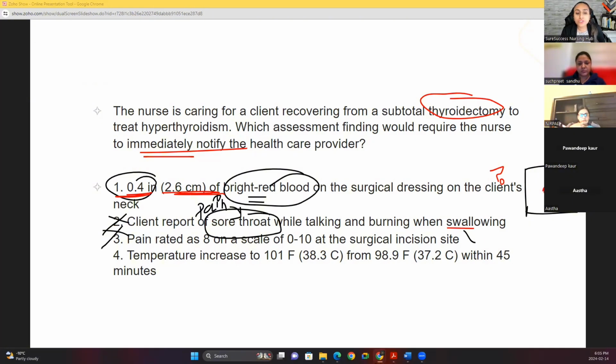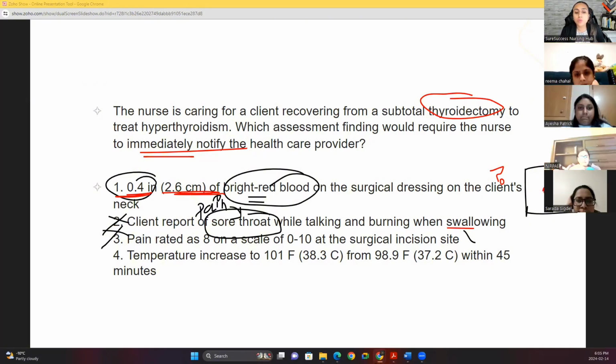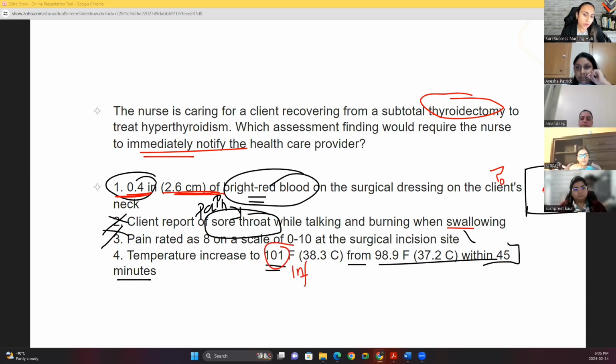Now the temperature is increased to 101 from 98 within 45 minutes. Yes, infection. All right, so any temperature increase means infection? Have you heard about thyroid storm, Graves' disease, whatever I was telling you so far about the thyroid?